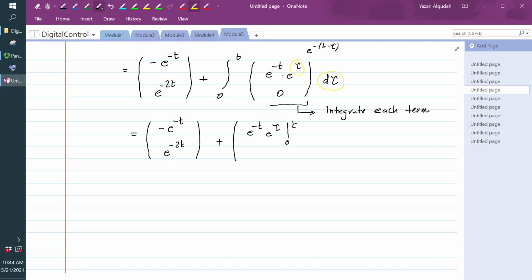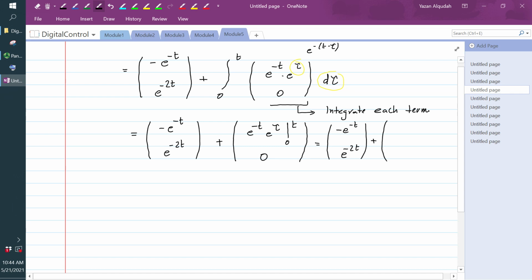Okay, the second term is going to be 0, and therefore I can write this as negative e to negative t, e to negative 2 multiplied by t, plus, if I substitute from 0 to t, I'm going to get e to negative t multiplied by e to t minus e to 0, which is a 1.